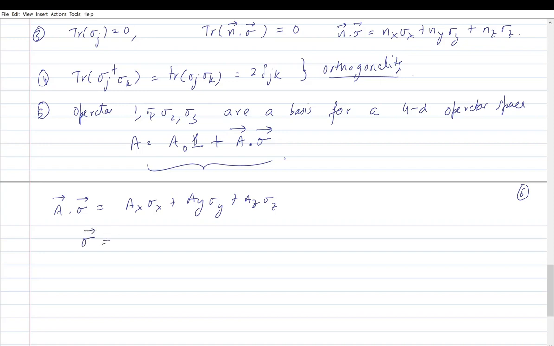So sigma is essentially called the Pauli vector with three components. It's a vector where the entries in the row are the matrices.